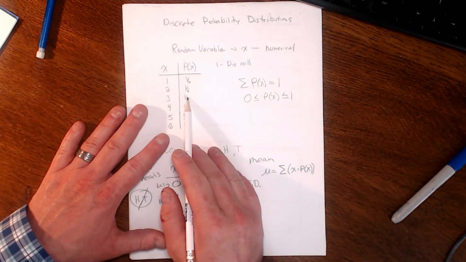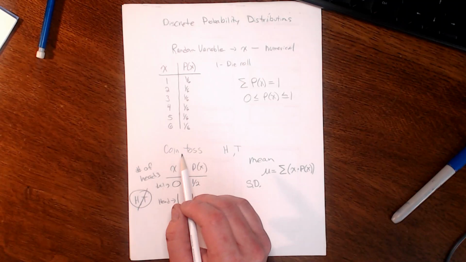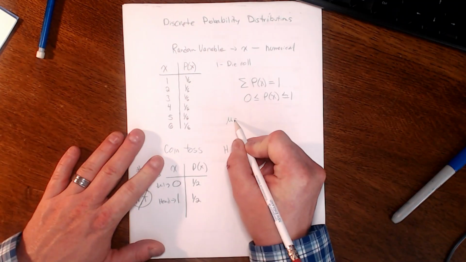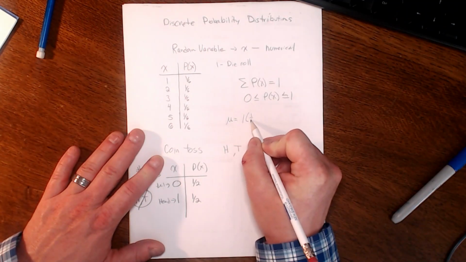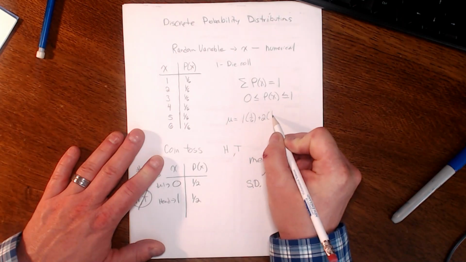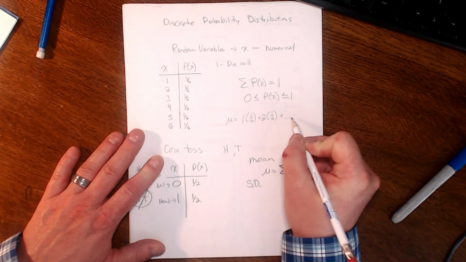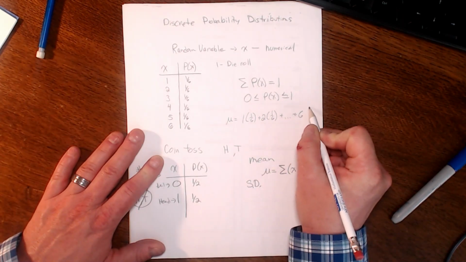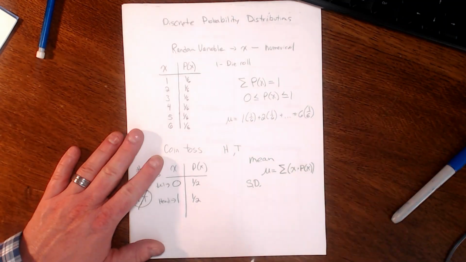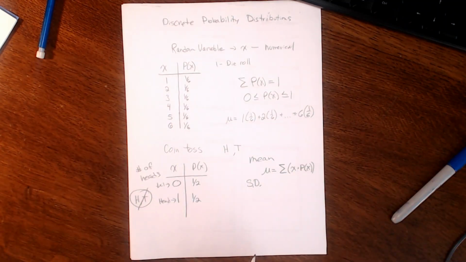So in the die case, to find the mean, you go 1 times 1/6 plus 2 times 1/6 all the way up to 6 times 1/6. And that would give you your average numerical outcome.